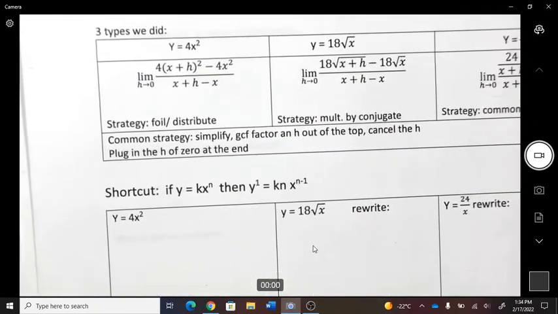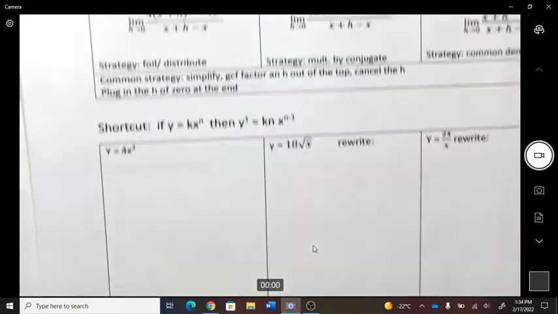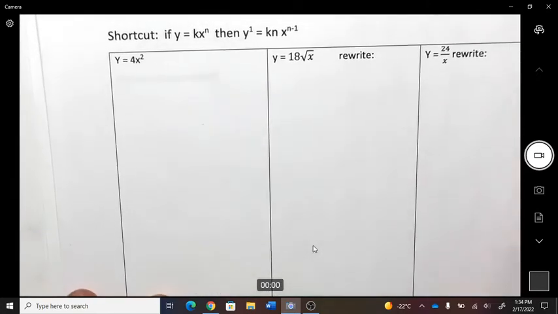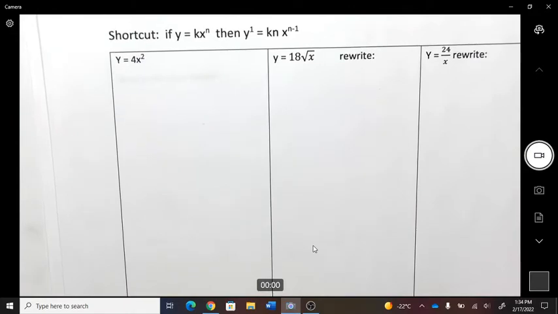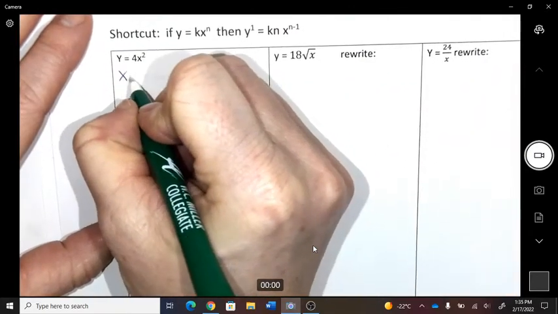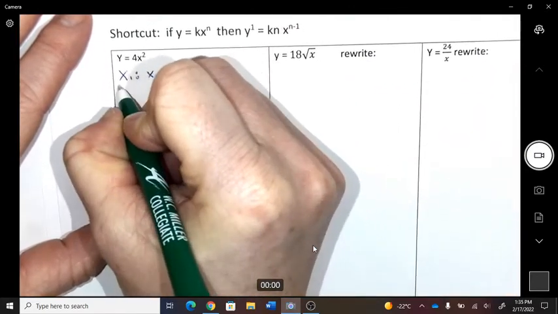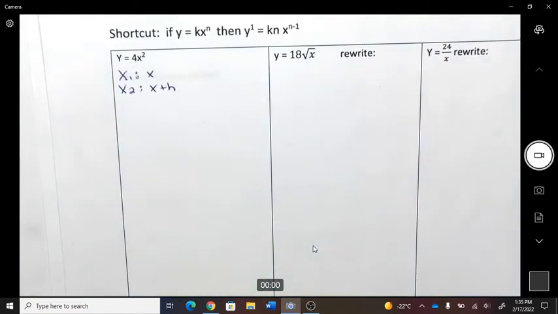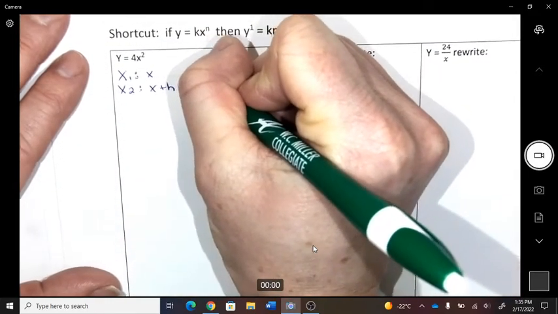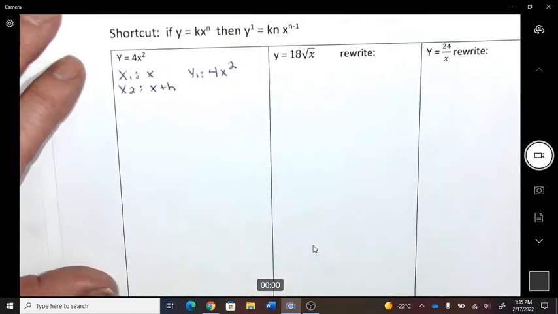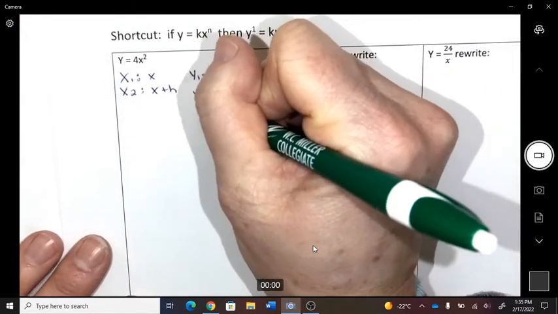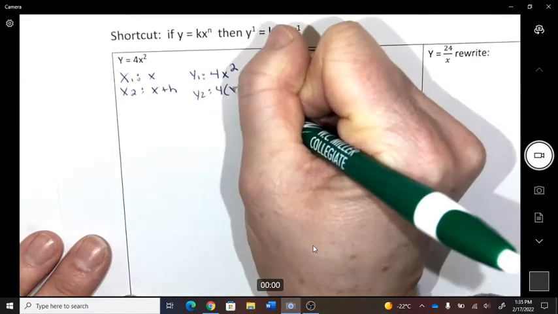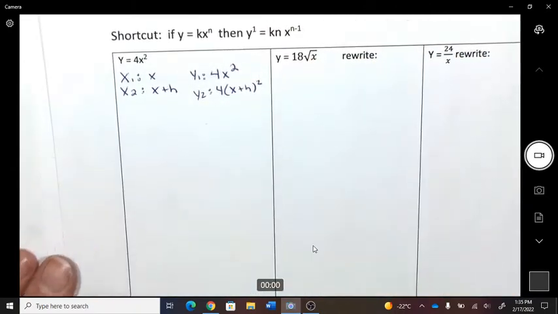Okay, so we're going to do the long method. You're going to have to do it 3 times. Okay, so here we go. x1 is x, x2 is x plus h. y1 is 4x squared, and y2 is 4 times (x plus h) squared.